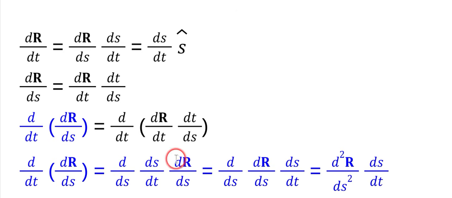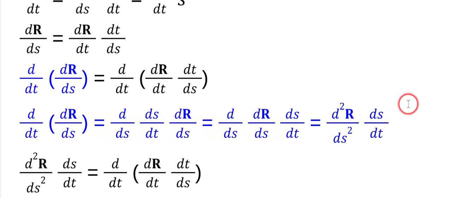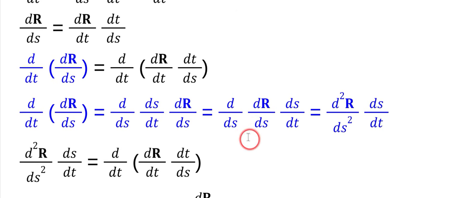And since the order of differentiation isn't important, I can just move this inside as I just did. Now we have d/ds of this, which is already differentiated by s. So we get the second derivative of r with respect to s, and once again our ds/dt. Okay? Now we've got this piece, so we're going to put that right back in here, and we got this equation.